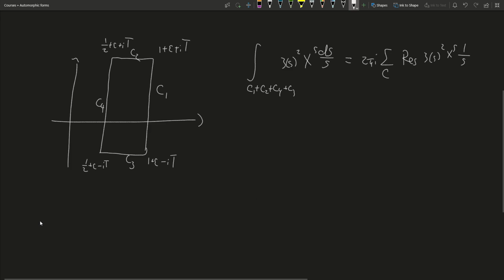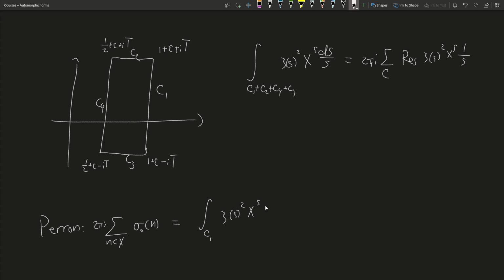Perron's formula says that the partial sum of the Dirichlet coefficients, which in this case is the thing that we're interested in, times 2 pi i, is going to be equal to the integral along C1 of zeta of s squared x to the s ds over s.